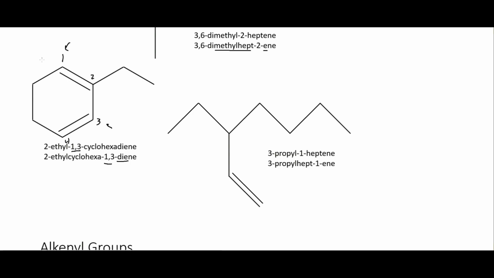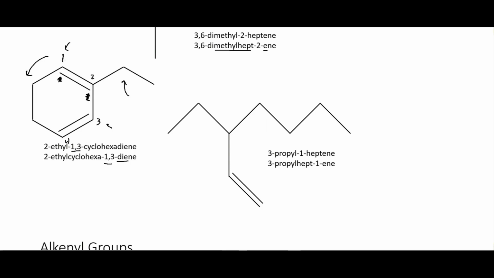And so this is to show too that we don't start from this one and then call this 2, because this has the substituent on it. So you might think, oh, well, we would start with this as 1 and put this as 2 and count around this way. But again, these double bonds take the priority. So we are not using that.